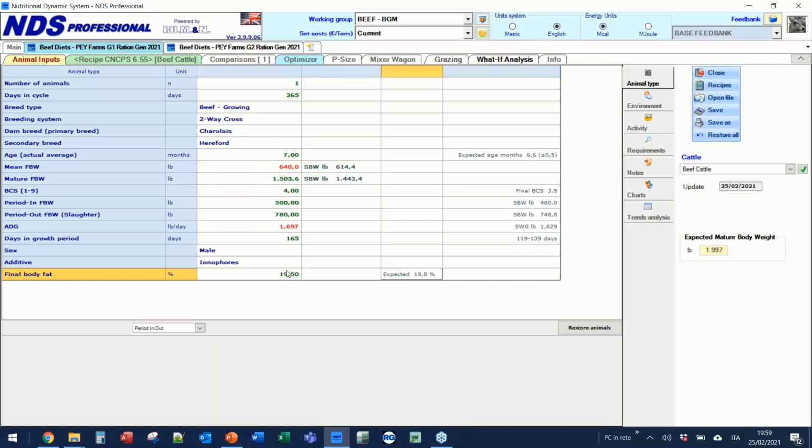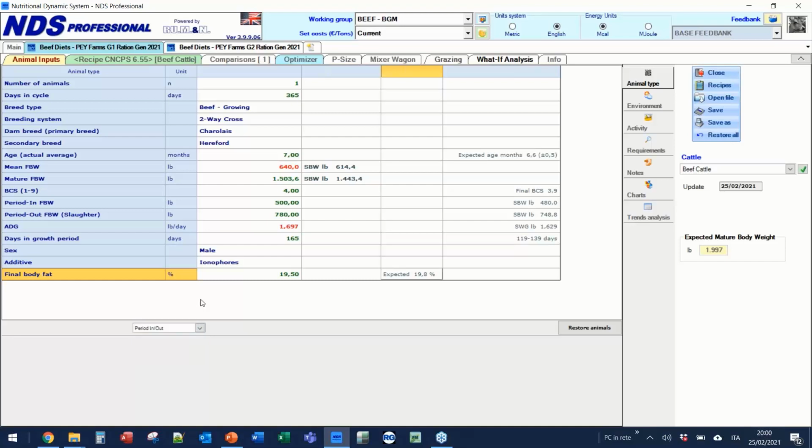We can have a set of inputs that should help the system to predict an average daily gain much more accurately than if we set this input in a different way, like inputting average daily gain.